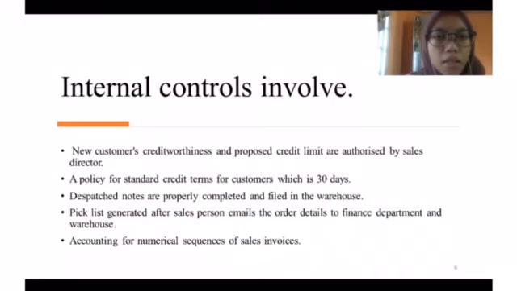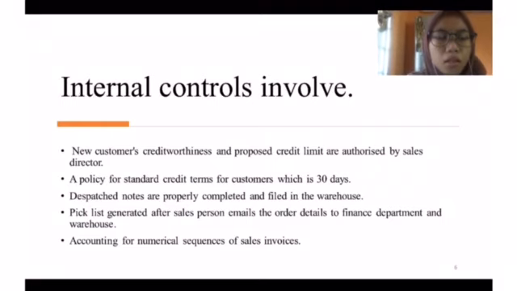Second one is a policy for standard credit terms for customers, which is 30 days. Credit terms meaning the customer needs to make payment within 30 days after their purchase. This is also to ensure that the company doesn't involve in any bad debts because the customer cannot pay for the goods.